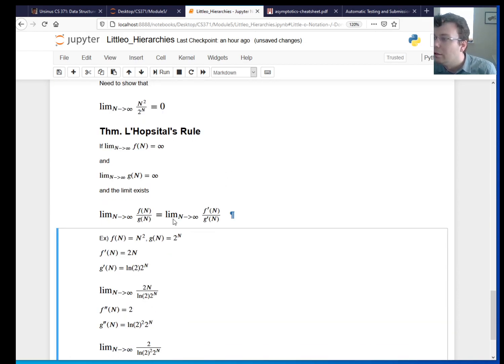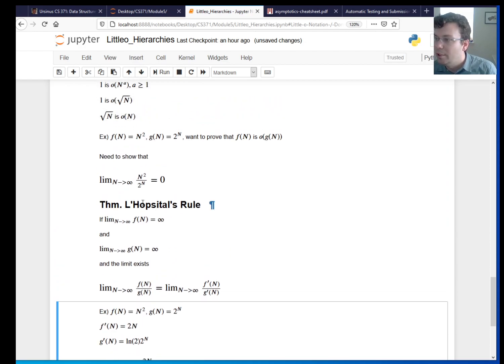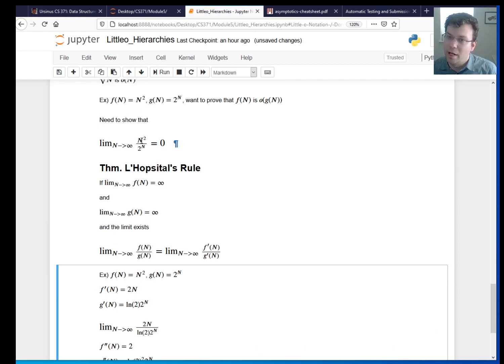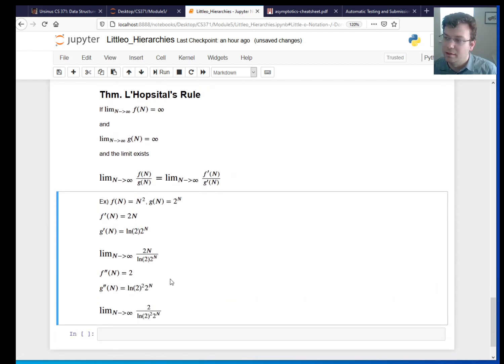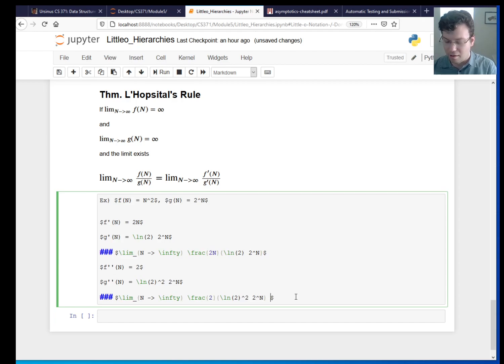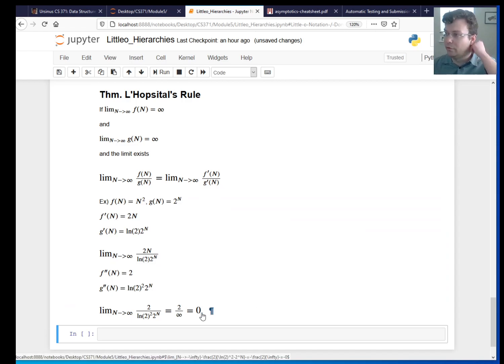We started with the limit as n goes to infinity of n squared over 2 to the n. But we applied L'Hopital's rule twice, and we got it down to the limit of 2, a constant number, over this, which grows as n goes to infinity. So this ends up being 2 over infinity, which is 0.